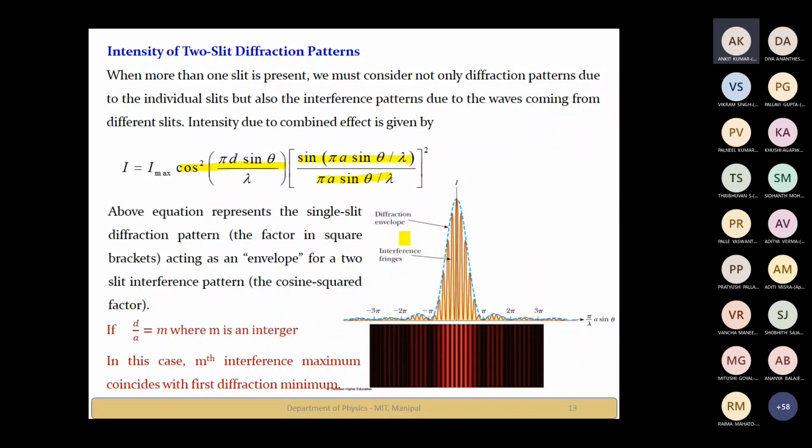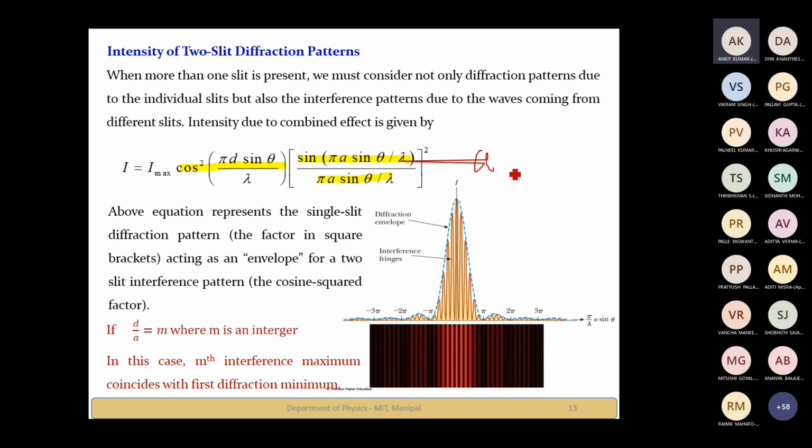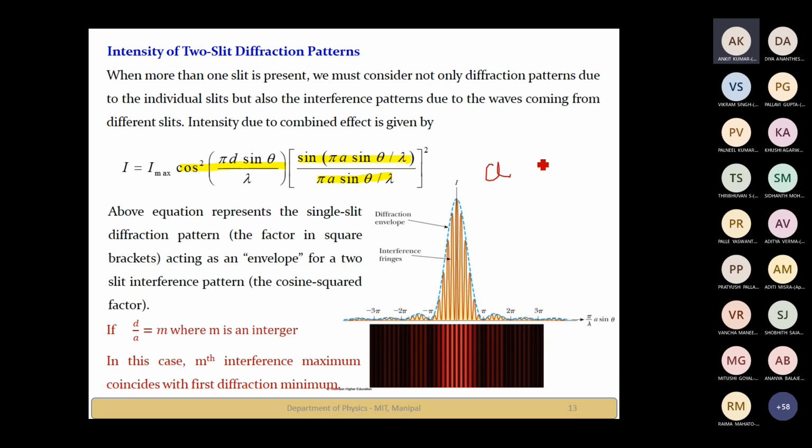The only condition I modified is that I relax the condition on a. Now a is comparable to or greater than the wavelength of light, whereas in interference we assume it is very, very much less than the wavelength of light. By changing this condition, you can see what has happened to the entire pattern.